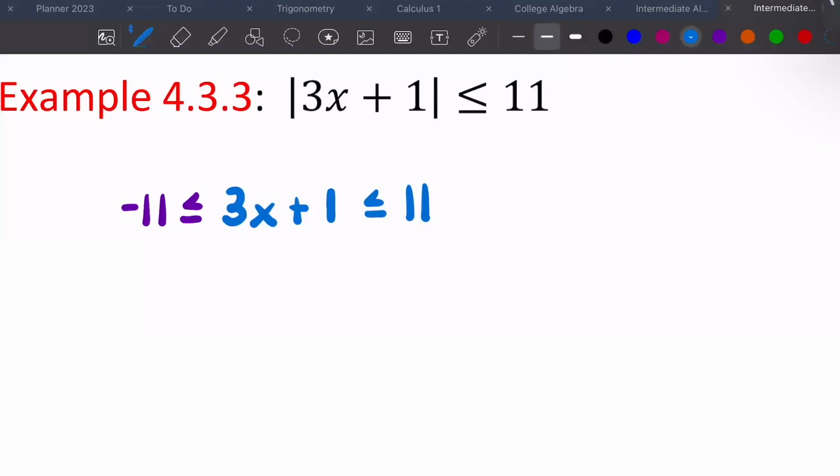After that, all you're going to do is keep x in the middle. This is a compound inequality, and on compound inequalities, we keep x in the middle. So let's manipulate the middle. That means we're going to create 0 and get negative 12 is less than or equal to 3x less than or equal to 10.